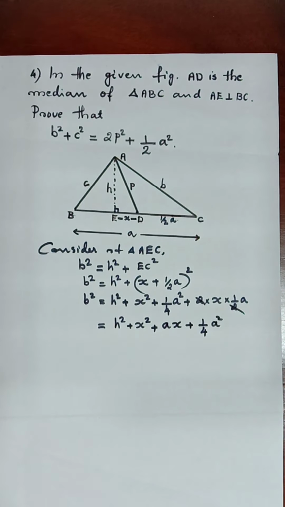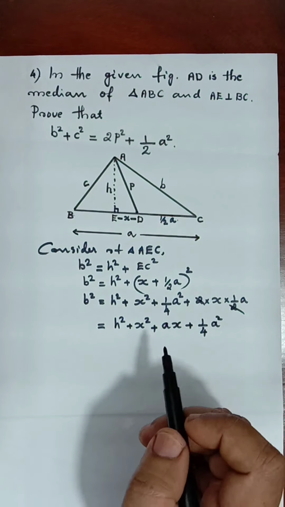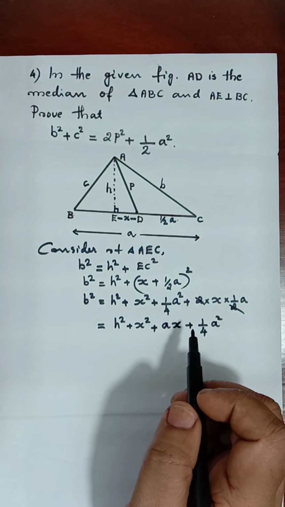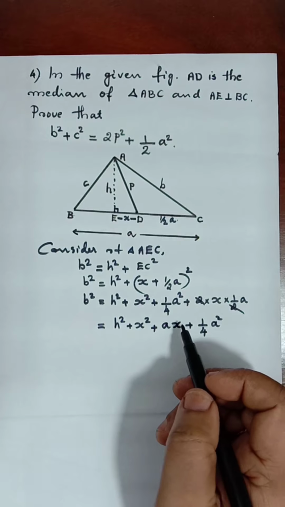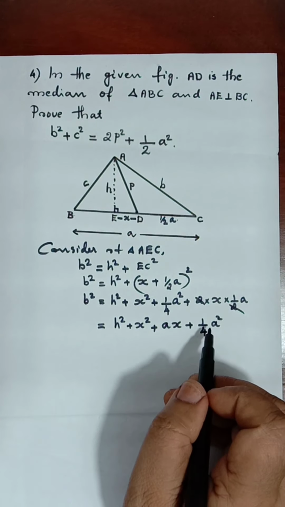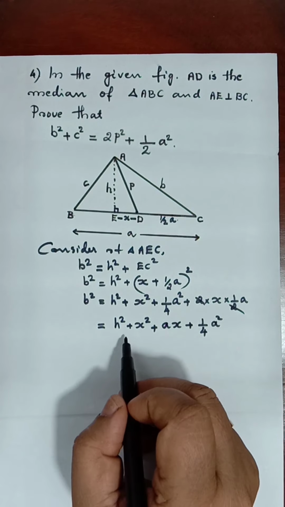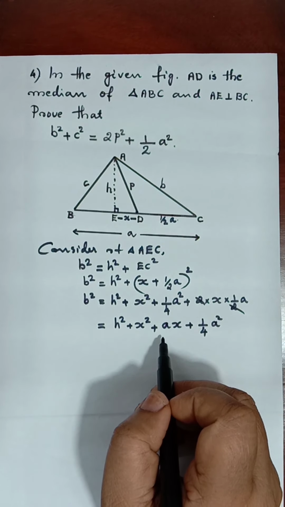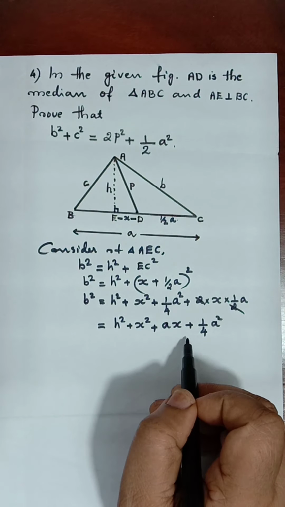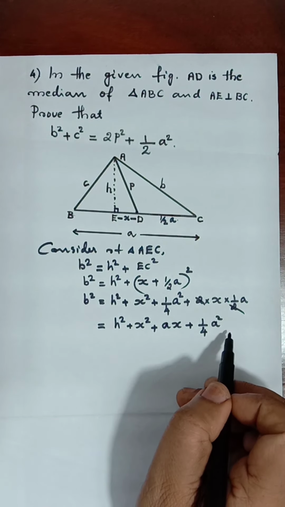This is our B square. B square is AC square actually. So B square is equal to H square plus X square plus AX plus 1 by 4 A square.